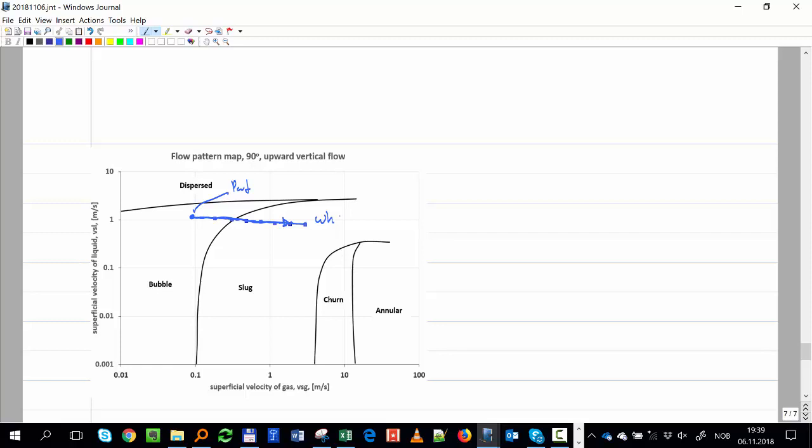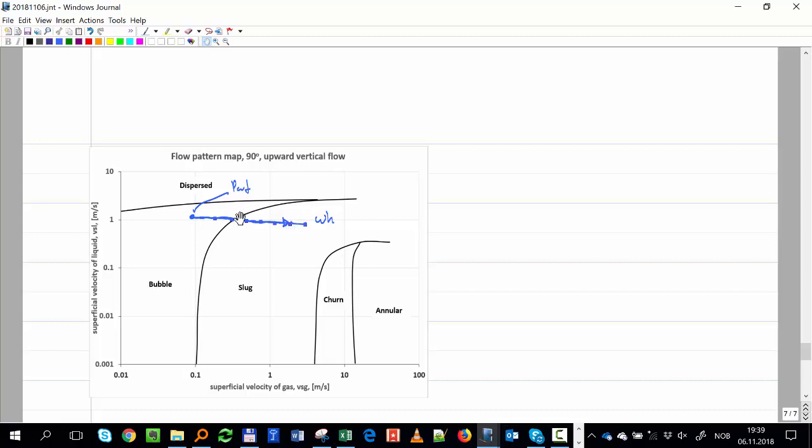That means that for that particular well, initially I have bubble flow, and I start increasing the amount of gas until I reach this boundary. Then suddenly I have a change of flow pattern. It's not bubble anymore, but now I have slug. So from this point on, I will have slug.